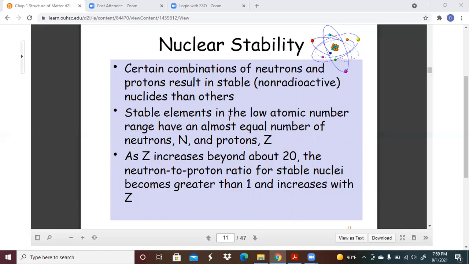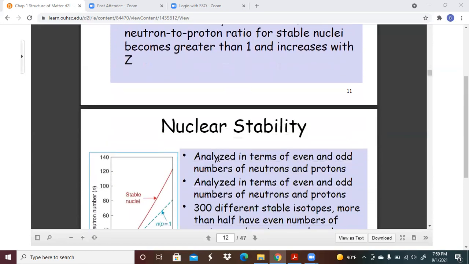Stable elements in the low atomic number range have an almost equal number of neutrons and protons, so Z is roughly equal to N. But as Z increases beyond 20, the neutron to proton ratio for stable nuclei becomes greater than 1 and increases with Z. The reason is you need more and more space in order to add more and more protons in there, and the only way you're going to get that is by adding in more and more neutrons.